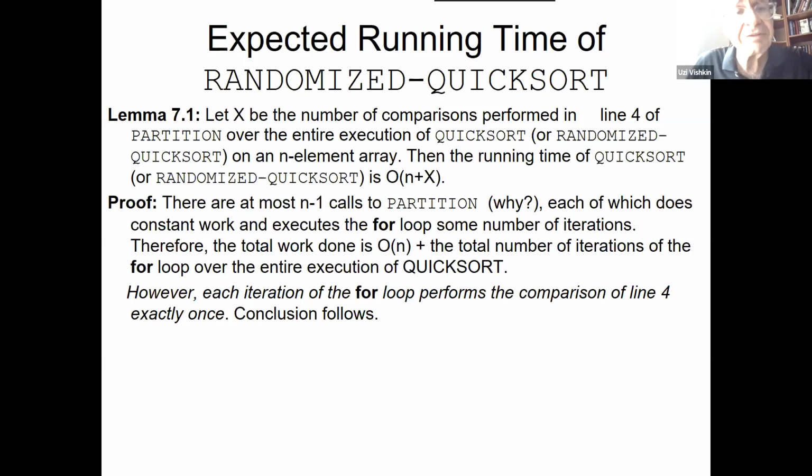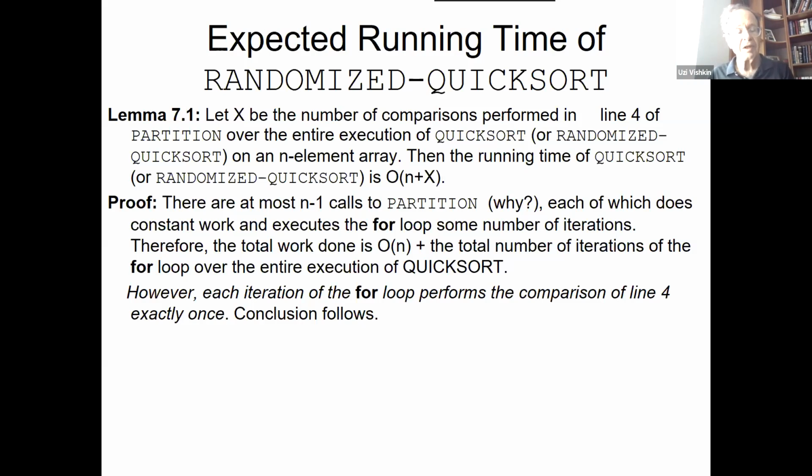Our objective is to figure out the expected runtime of this algorithm. I hope it is clear to all of you that the worst case runtime is as bad as before. But now it's meaningful to talk about an expected runtime because we have a probabilistic model in which we can argue about the probability of various events.